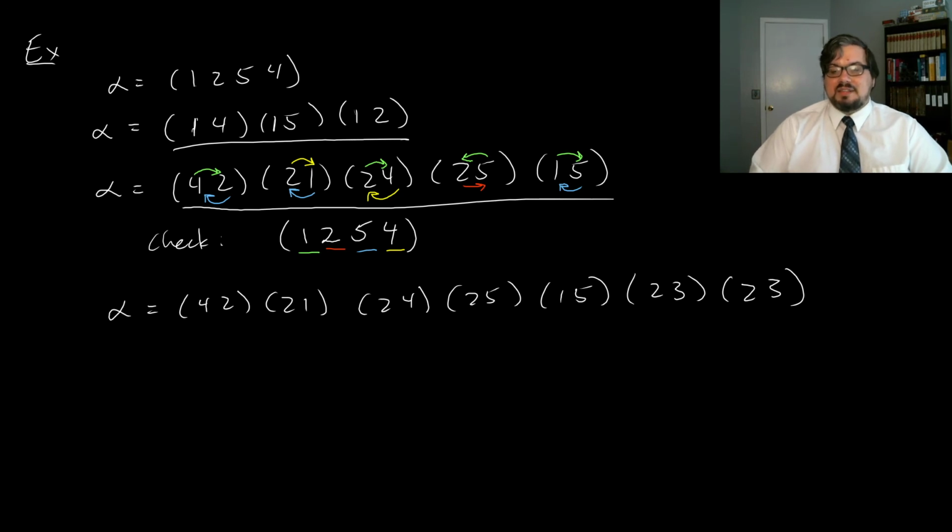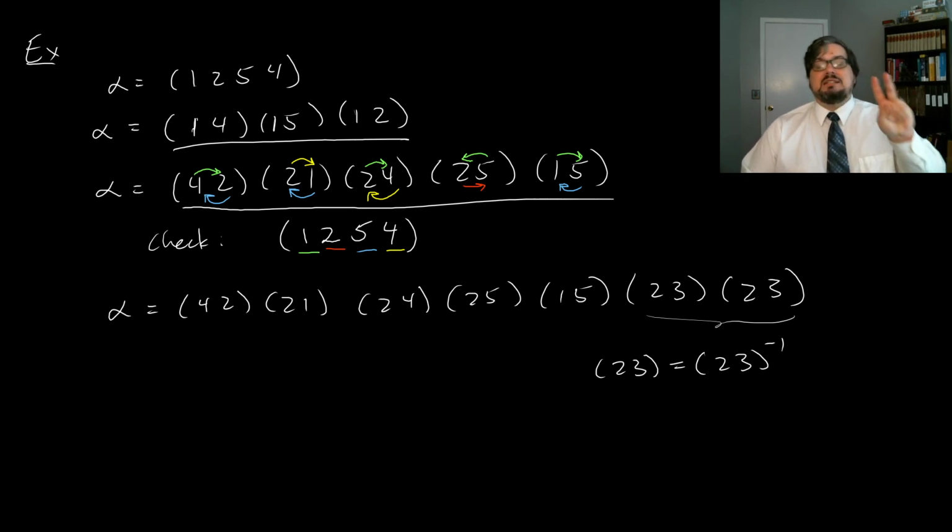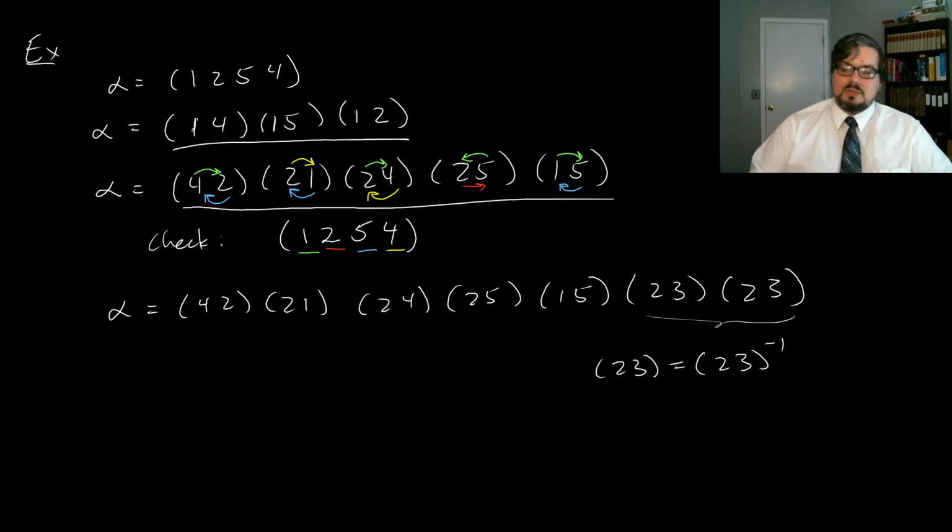And the reason why this works is because any transposition is its own inverse. Because if I take (2 3), the order of the cycle (2 3) is 2, which means that if you multiply it by itself, you get identity, which means it's its own inverse. So in particular, that means that (2 3) times (2 3) is just the identity.